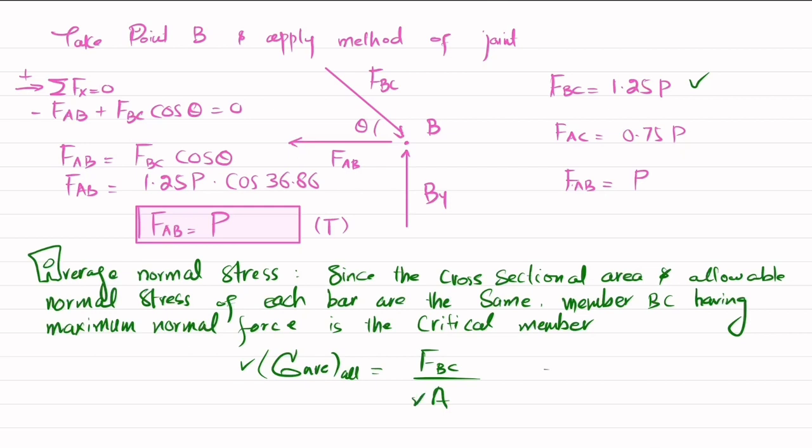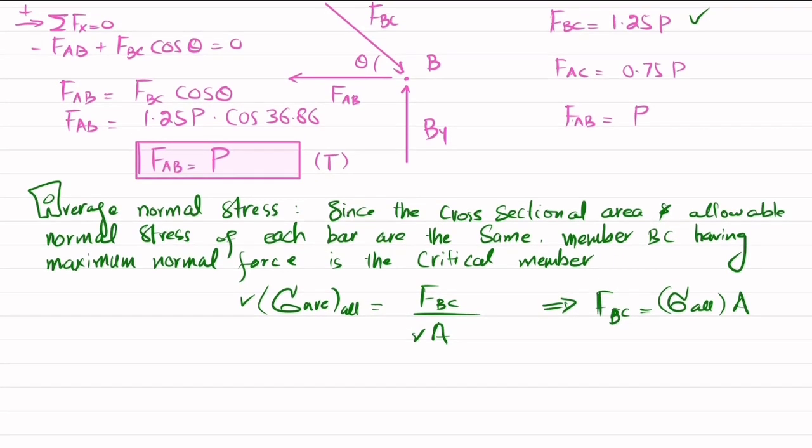So FBC is equal to allowable stress into area, and area for a circular rod or bar is equal to pi by 4 d square, and d is 20 millimeter or 0.02 meter, squared. So you will get area is 0.3142 into 10 raised to power minus 3 square meter.